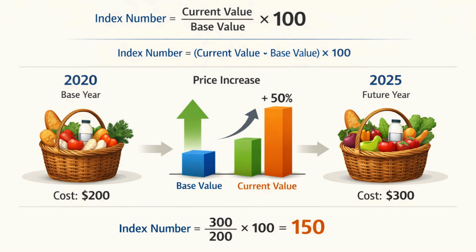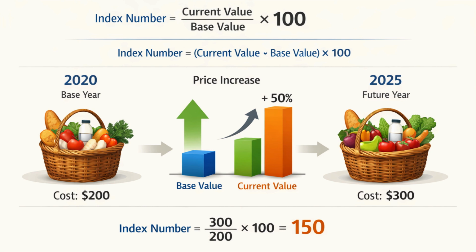Suppose in the year 2020 a basket of groceries cost 1000 rupees. Now imagine that in 2025 the same basket costs 1250 rupees. Rather than reporting the absolute change every time, economists express this change using an index. We set the base year, in this case 2020, equal to 100.